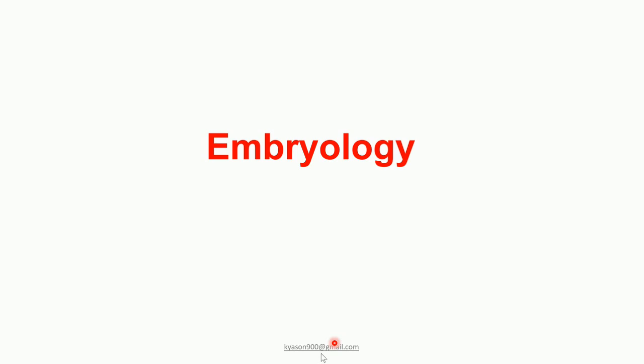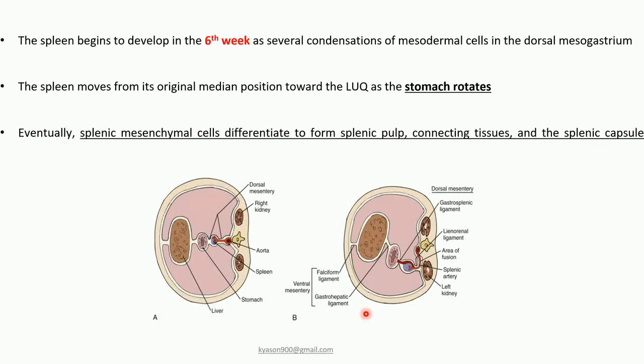Usually during development, we know that as the gut tube, or the alimentary canal tube, forms around the 3rd or 4th week of development, it has a connection to the anterior body wall and a connection to the posterior body wall.